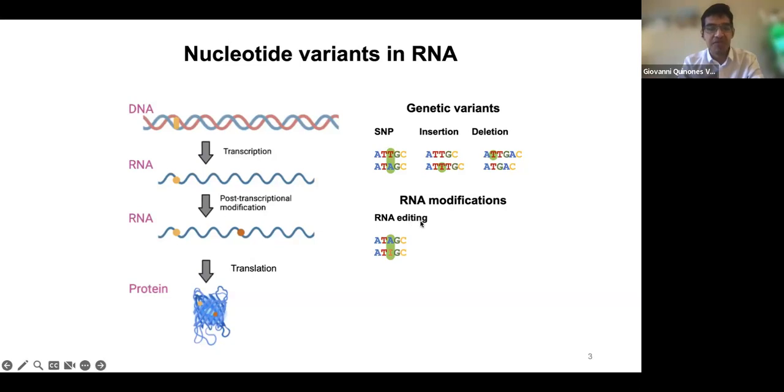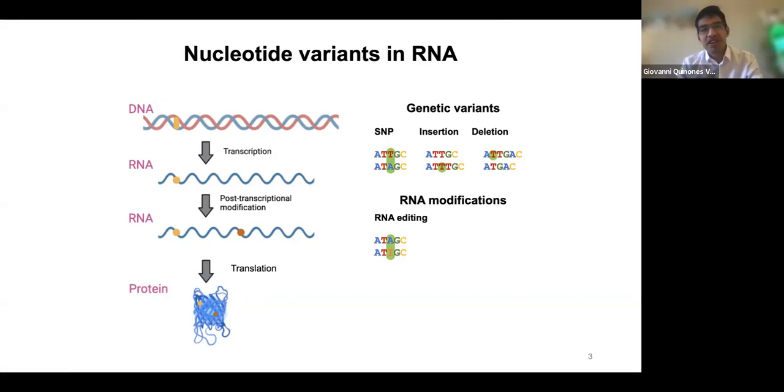And these RNA modifications are not present at the DNA level, but will be present in your RNA transcripts and can potentially also affect the downstream phenotype, or in some cases, the final protein product.